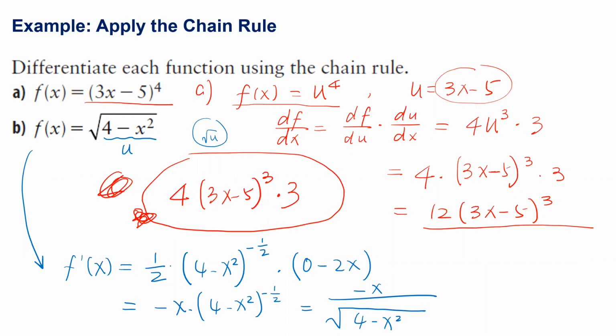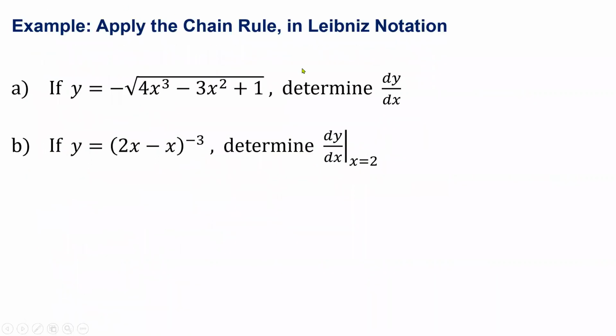Any questions? No? Okay, so let's have a look at another example. Apply the chain rule this time. Use Leibniz notation. Okay, first, a function is y equals negative square root of 4x squared minus 3x squared plus 1.